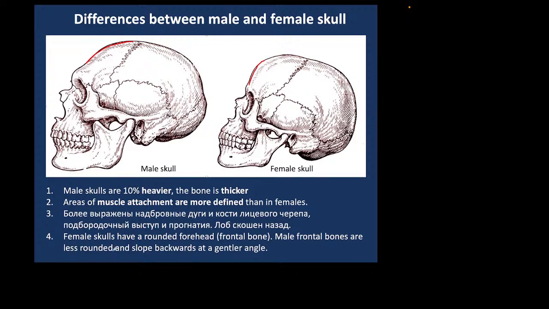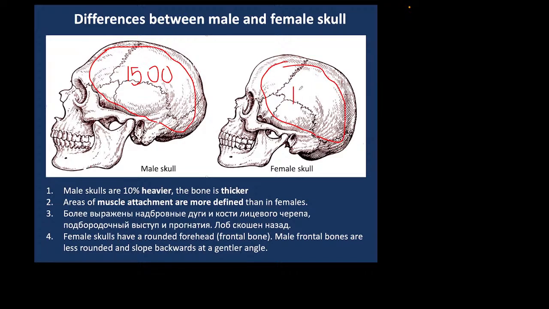And usually it is also that the cavity of neurocranium, I mean the volume of neurocranium usually in man is 1,500 milliliters, but the volume of the female neurocranium is less.